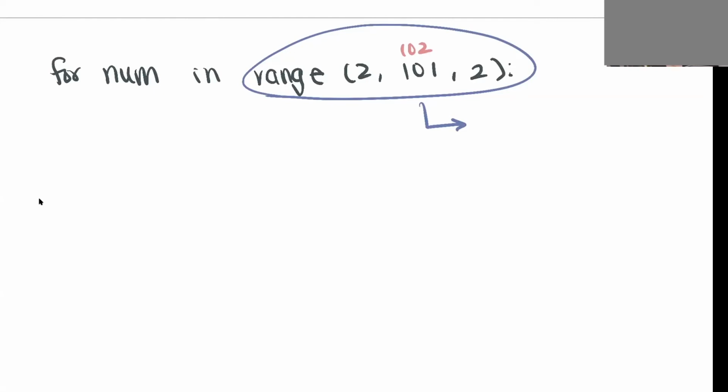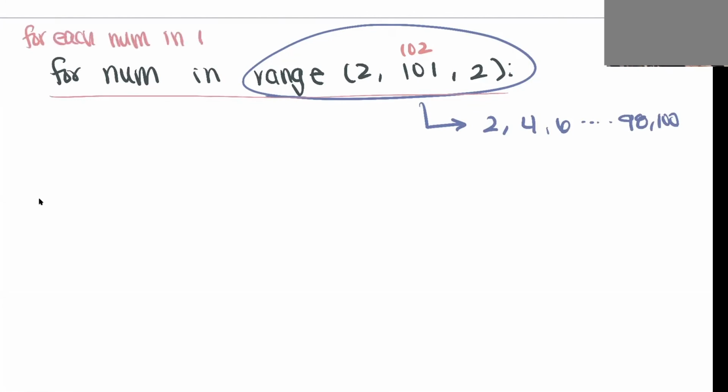Yes, 2 through 100, but remember we're moving in increments of 2, so it'd be 2, 4, 6, all the way up to 98 and 100. So when we have this entire statement, this is like saying for each num in the range of 2 through 100 with increments of 2, we are going to print the number, print num.